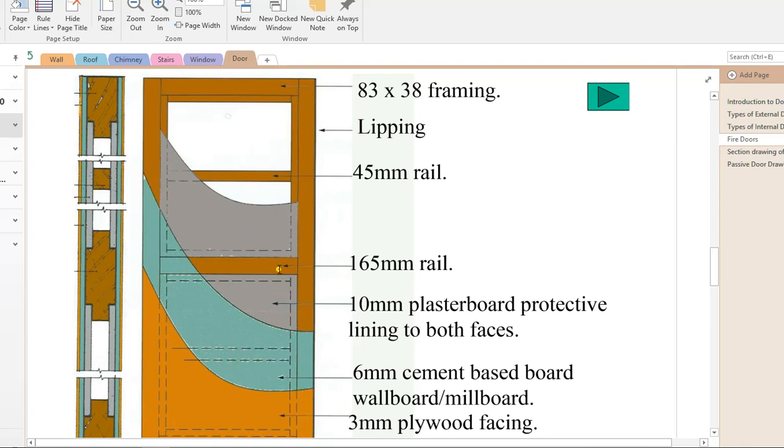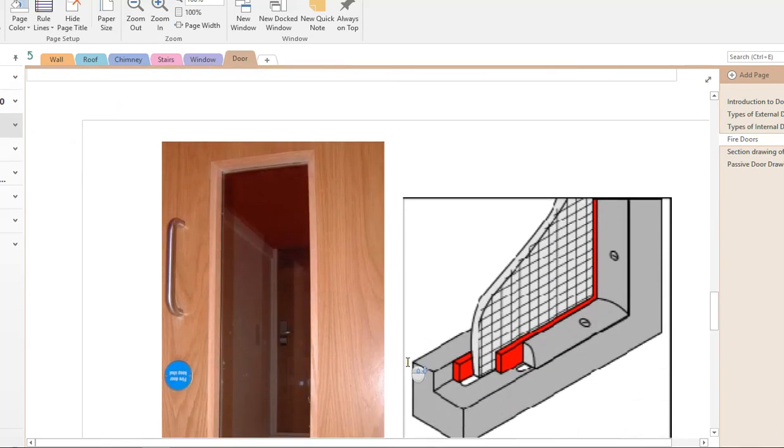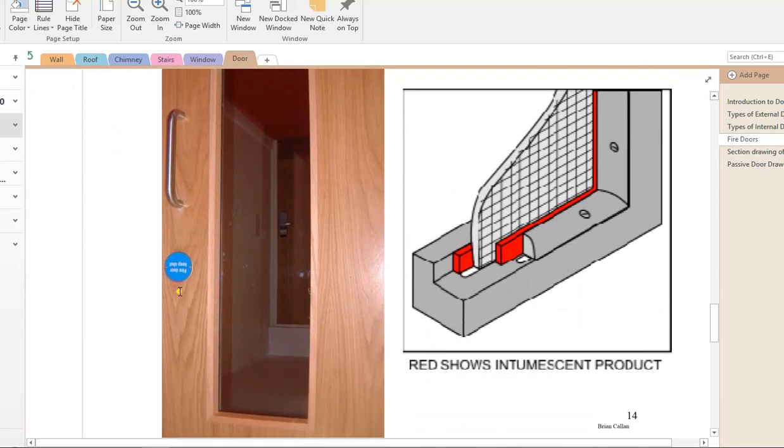Now the elevation of the door shows exactly the same thing, but what we're looking at here is the square sections. Now these are a few photographs of these doors. This blue symbol is on all fire doors, and it shows you that it's an FD60. FD is fire door and 60 is the number of minutes the door will last.